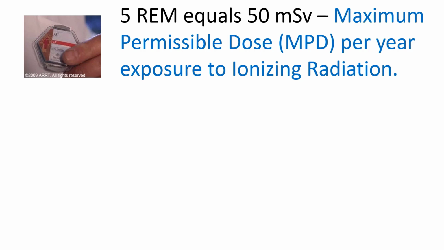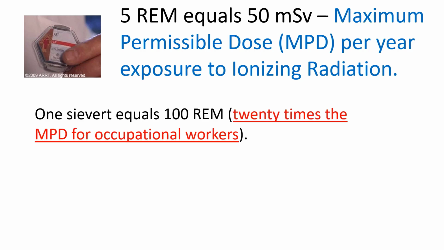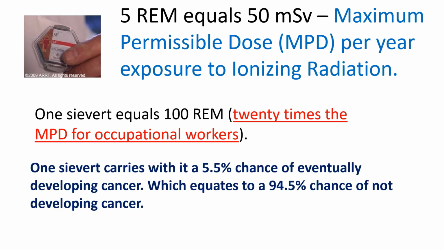This is the maximum permissible dose per year that an occupationally exposed worker can receive. 1 sievert equals 100 Rems, which is 20 times the maximum dose for occupational workers. 1 sievert carries with it a 5.5% chance of eventually developing a cancer, which equates to a 94.5% chance that you will not develop cancer when you receive 1 sievert of radiation dose.